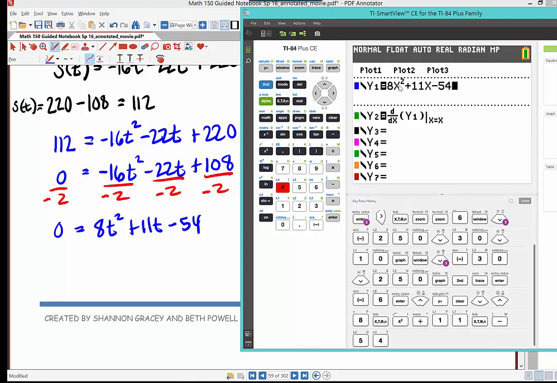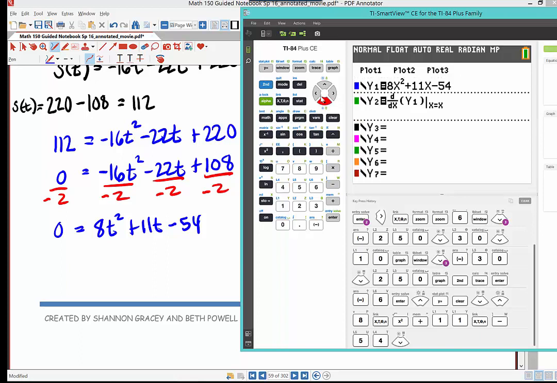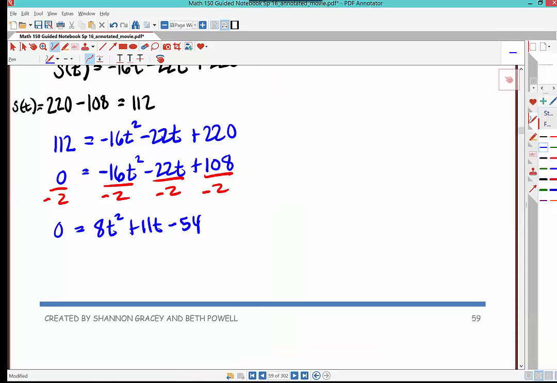All right, and we're going to turn this off right now because we're not finding the derivative of that. We already have our derivative function. We'll come back, but what we do want to find are the zeros. So let's go ahead and find the zeros.